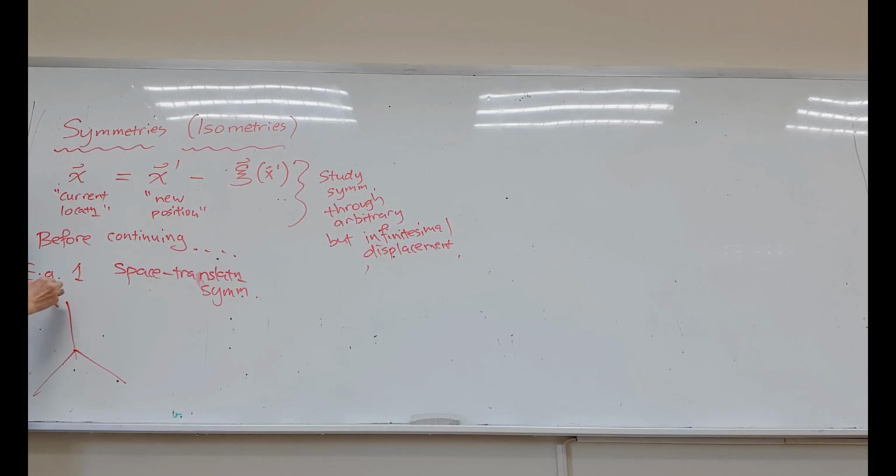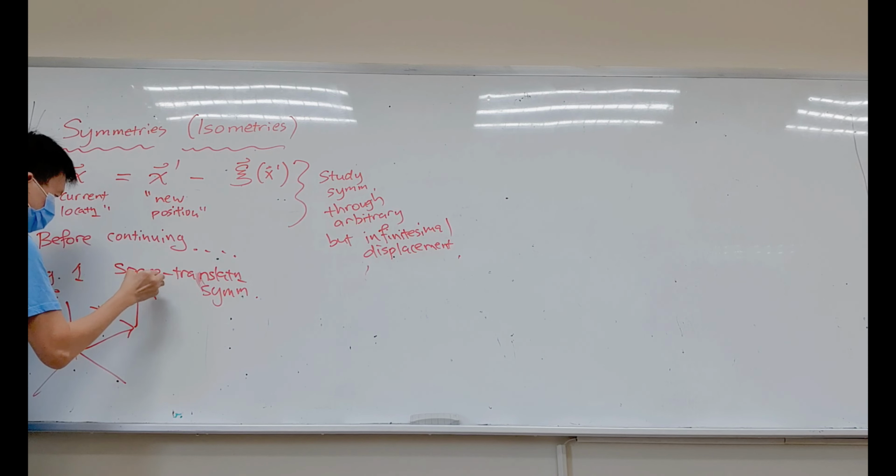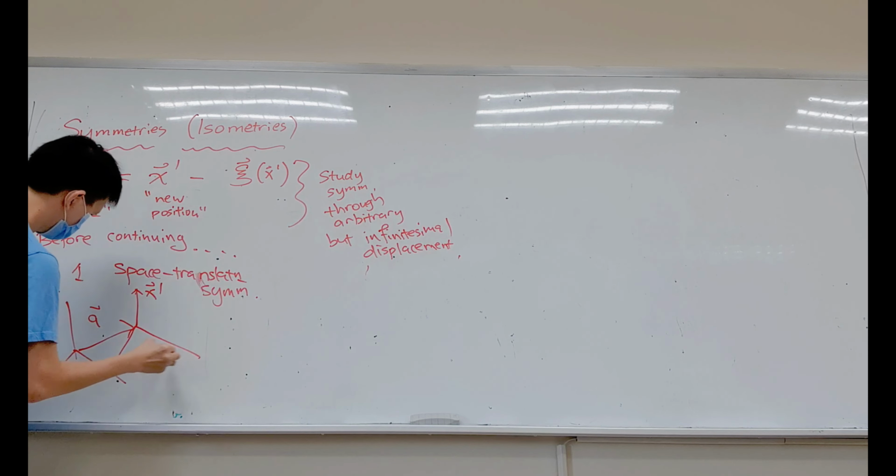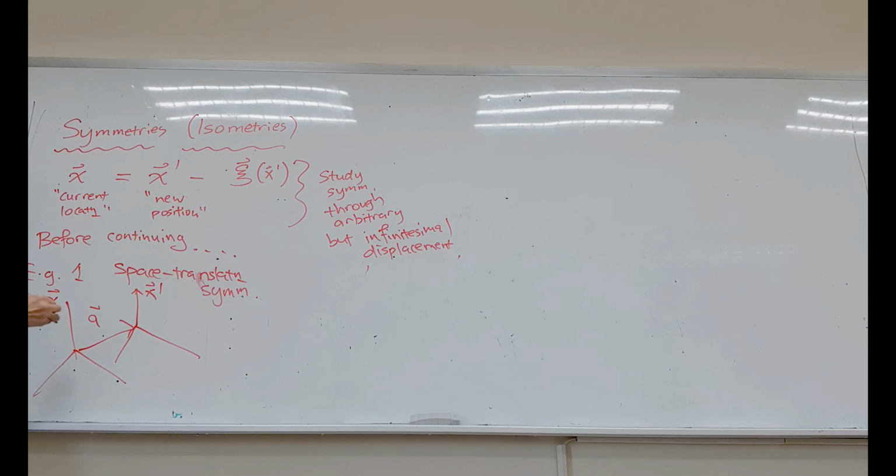Let me call this coordinate system X. Then I'm going to physically displace everybody by a constant vector. And I'm going to assume that I am in flat space. So this is a constant. And because I'm in flat space, I know exactly what's going to happen.